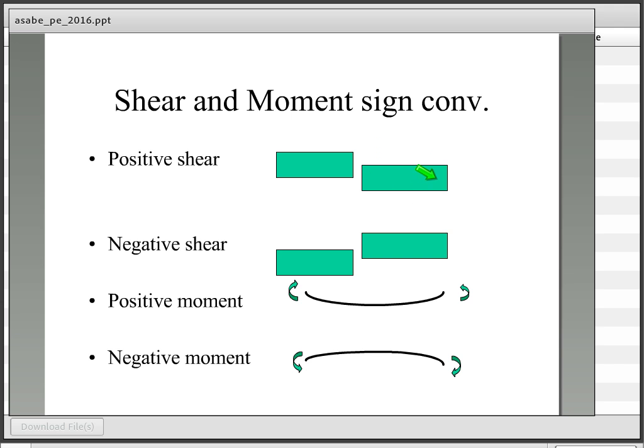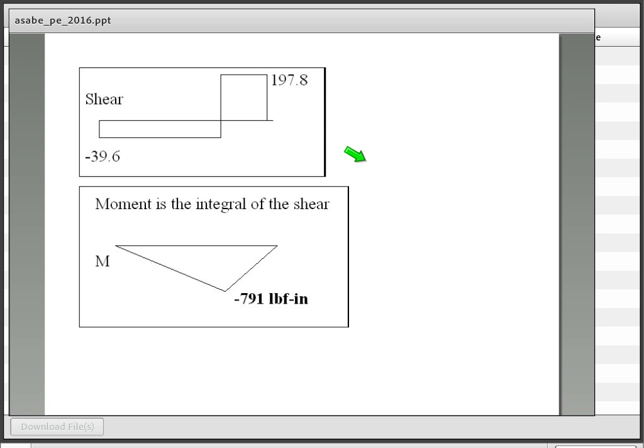So if I got a minus 197 there, I'm going to have plus 197 here. So that's what I started out drawing, and that holds up all the way back to where that support was. Then at that support, I take that support load off of there, and I'm ending up with a negative shear all the way back to the next bearing.